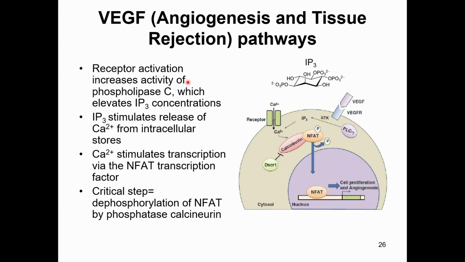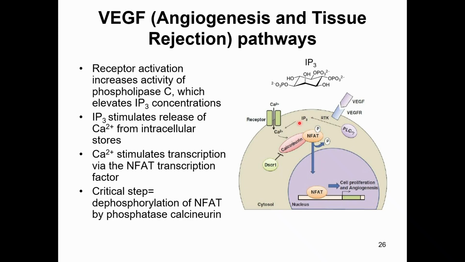But here is how this works. So here's the VEGF receptor. It binds to the ligand VEGF, and that activates, or mobilizes, phospholipase C and causes formation of IP3. So IP3 is one of these second messengers, actually.